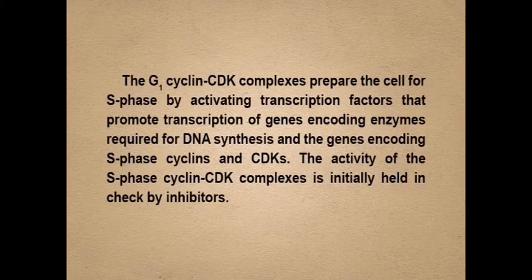The G1 cyclin-CDK complexes prepare the cell for S phase by activating transcription factors that promote transcription of genes encoding enzymes required for DNA synthesis, and the genes encoding S-phase cyclins and CDKs. The activity of the S-phase cyclin-CDK complexes is initially held in check by inhibitors.